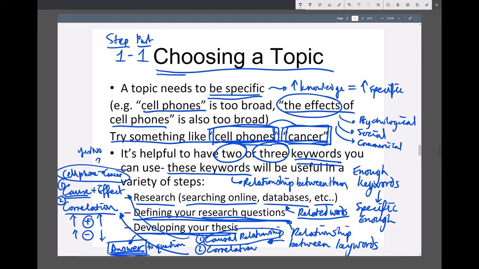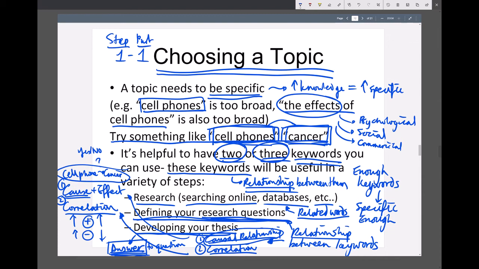So choosing a topic is beyond just, oh, I think cell phones are interesting, I like cell phones, I choose that. But you need to choose at least 2 to 3 keywords, look for the relationship between them, and ask the right questions about the relationship. It could be a causal question or a correlation question.